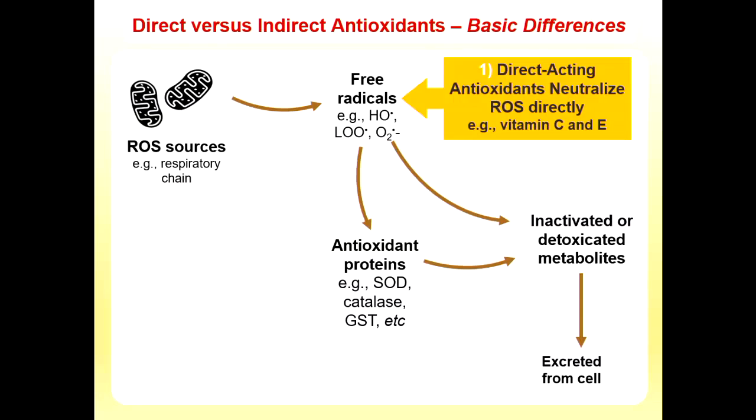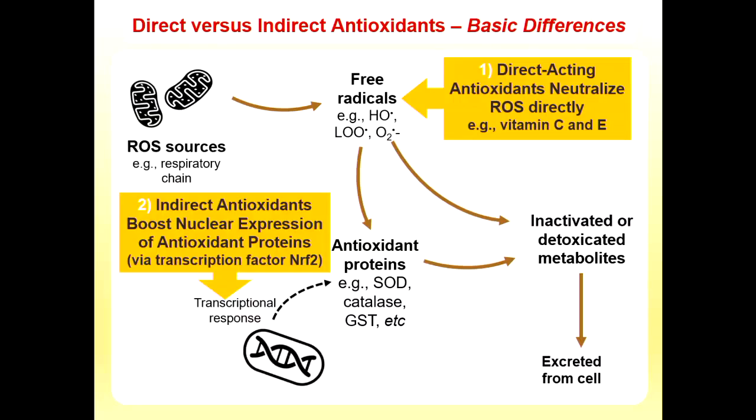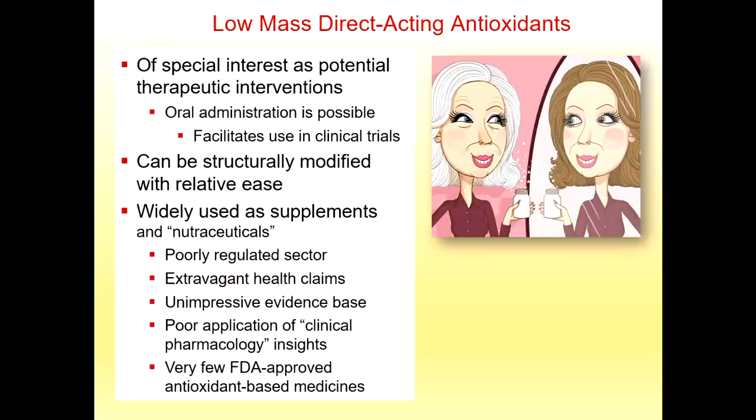But then indirect antioxidants have a nuclear mode of action in that they, via the transcription factor NRF2, boost this transcriptional response and boost the intracellular activity and availability of antioxidant proteins. Okay, and like I said, some molecules, just to make life complicated, act via both modes of action.